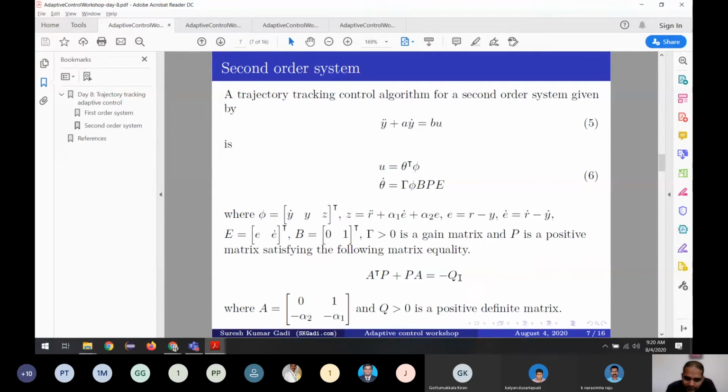So what we are doing is we give some value to Q, and then we can do some matrix operations to get the value of P. If you see in this equation, we know A, we know Q, the only thing missing is P. So we can write it in matrix form, give certain values like a, b, c, d to P, solve it, and you get the values for P.